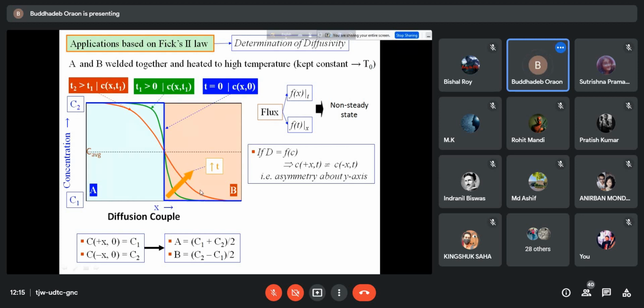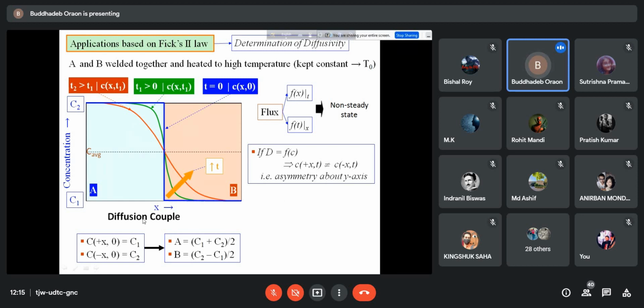So once we have got this diffusion performed for a fixed time period, then on the right hand side, what we do, we try to determine the function C as a function of X. So once we know what is the concentration at a certain distance X, that will help us to solve the problem using that one equation, the solution of Fick's second law equation.